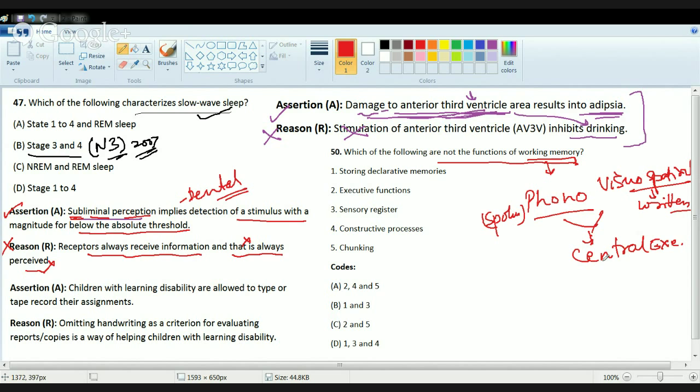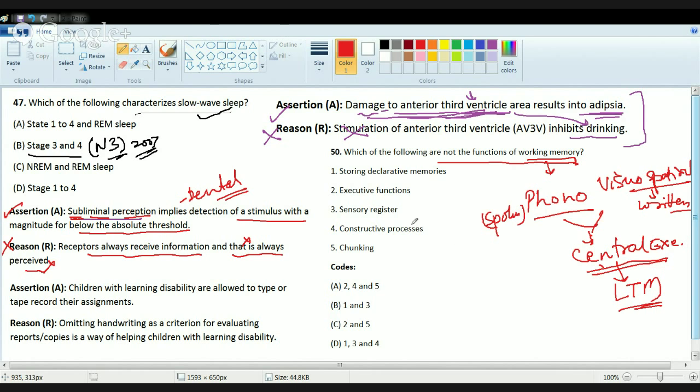Both of them combined are controlled and coordinated by the central executive, and finally this helps you to release memory into the long-term form, basically long-term memory. Since this is the process, we are talking about short-term memory here.